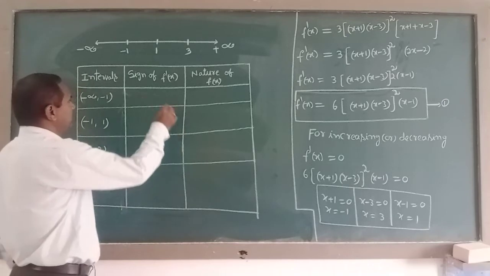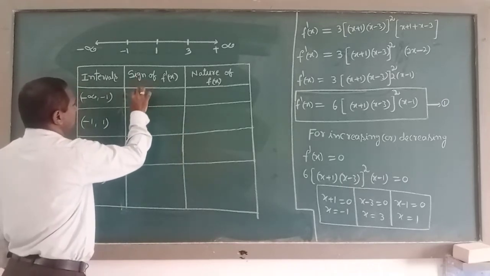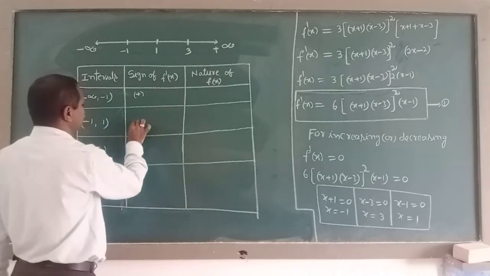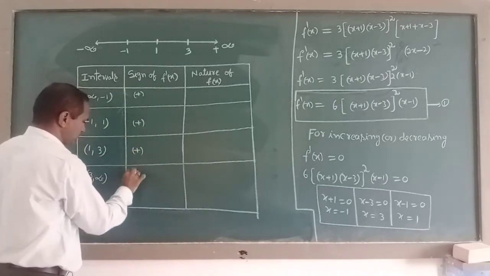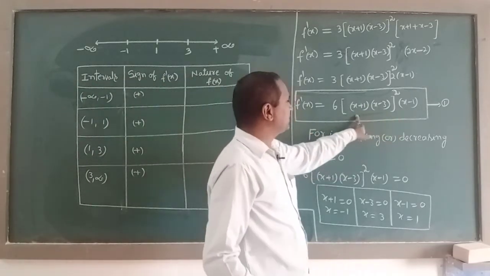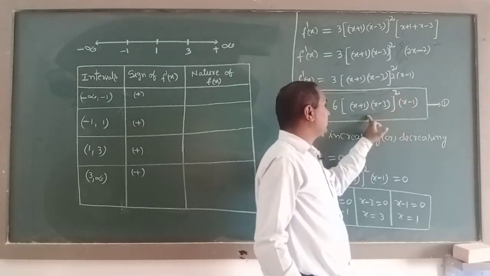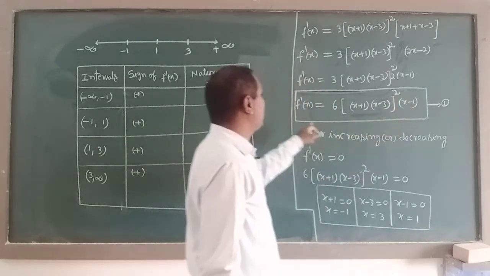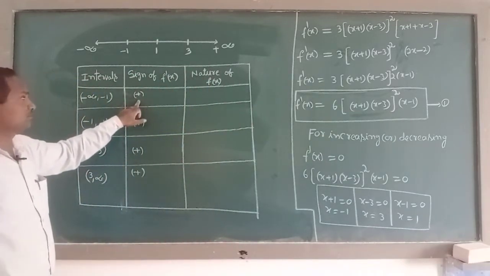That's why that bracket part becomes always plus, and instead of this part we write positive only.